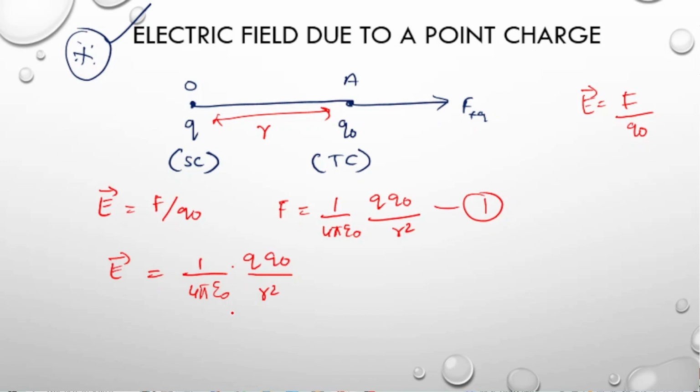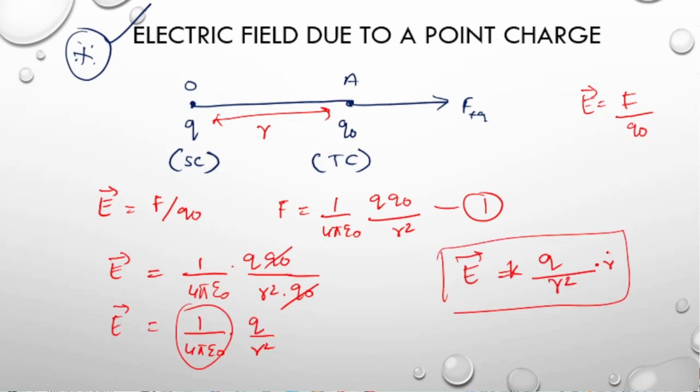So your electric field you will get as 1 by 4 pi epsilon naught into Q by r square. This can also be written as kQ by r square. For vector representation, you should put r cap.